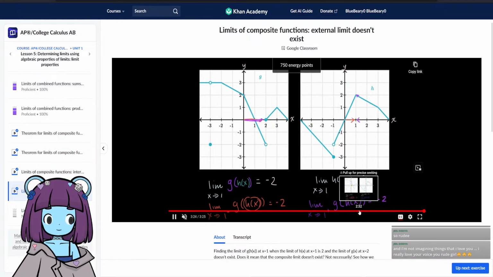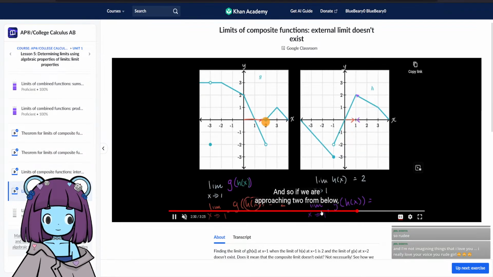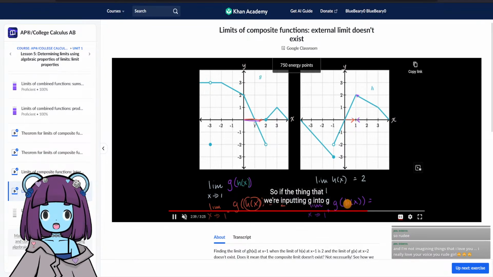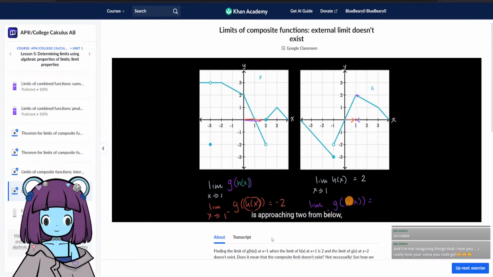But I don't understand. You approach it from below on this side too? You don't go from the right?